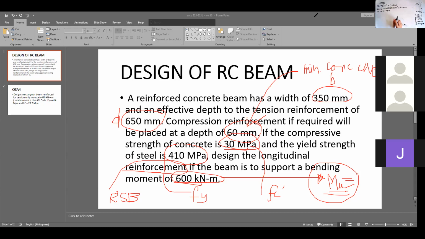You're going to need to use the quadratic equation formula. Okay? Do you still remember the quadratic equation formula? Because this has a w squared and then a w.